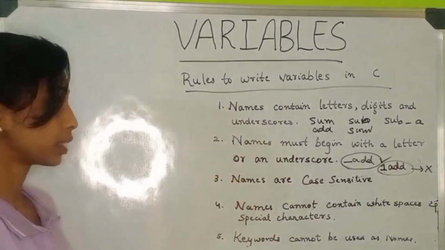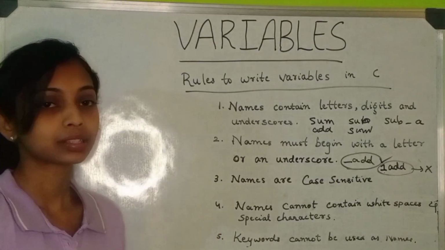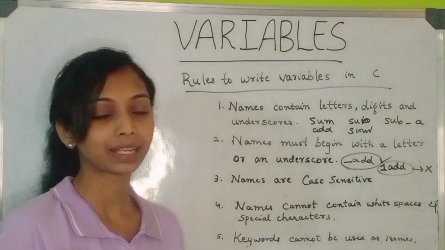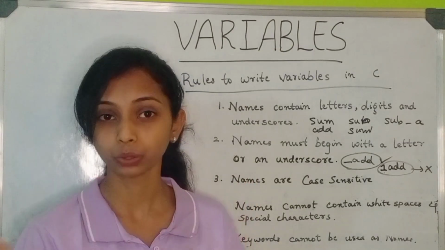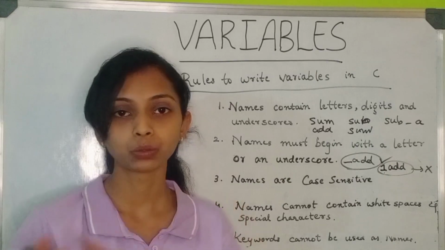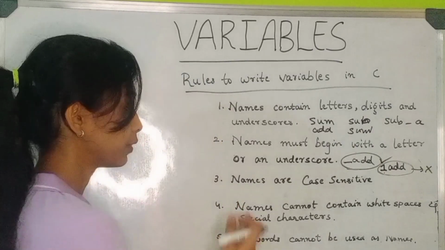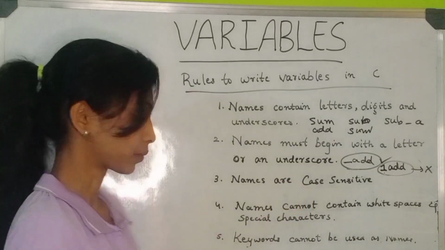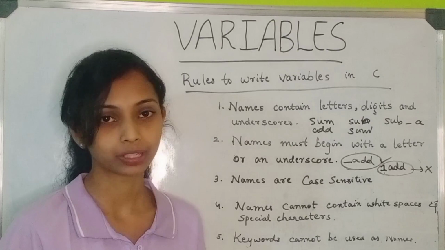So we can tell names must always begin with a letter or an underscore. The third point is names are case sensitive. For example, we can have only uppercase SUM, only lowercase sum, or a combination of uppercase and lowercase. So we can tell variable names are case sensitive. The fourth one is names cannot contain white spaces or special characters.